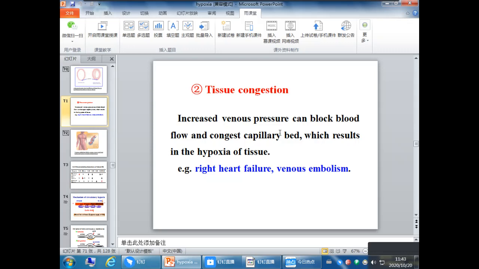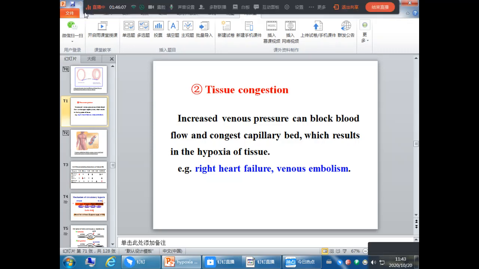Blood in the capillary is more, yes or no? But does the blood flow quickly or slowly? Very, very slowly. Because the flow is slow, it can't flow to the lung and can't carry oxygen. So the oxygen supply decreases.